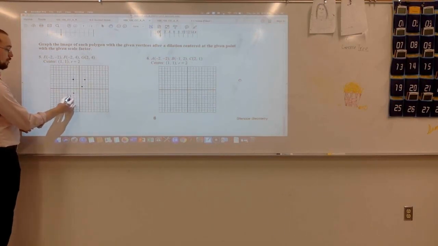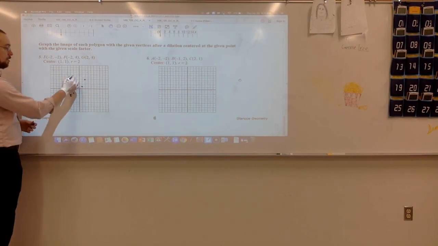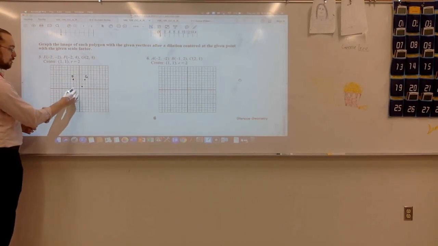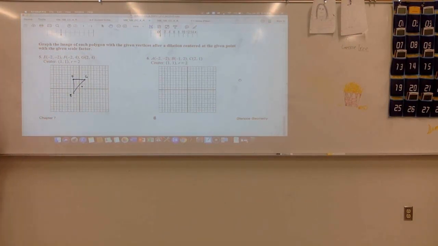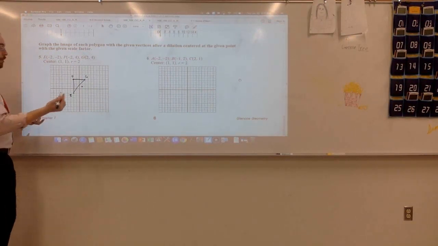So here, E, F, G. Here's my original figure. Now my center is at 1, 1. So we cannot use the shortcut this time of just multiplying each of the coordinates by the scale factor.